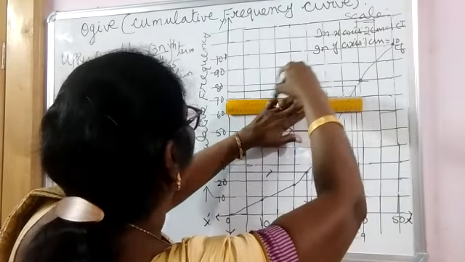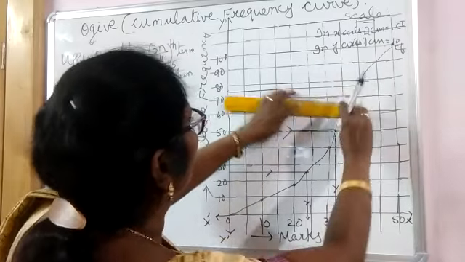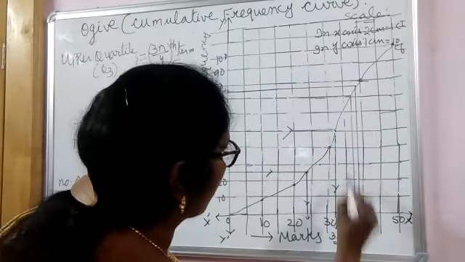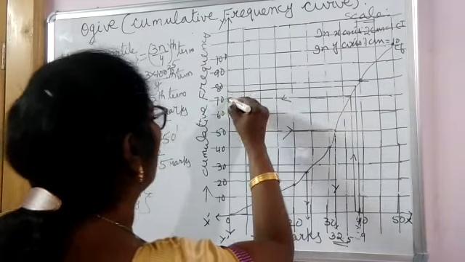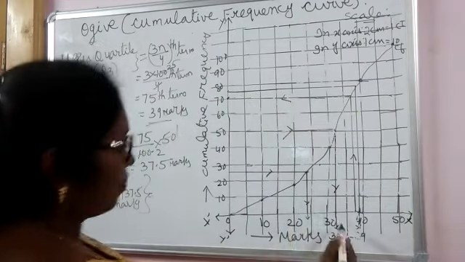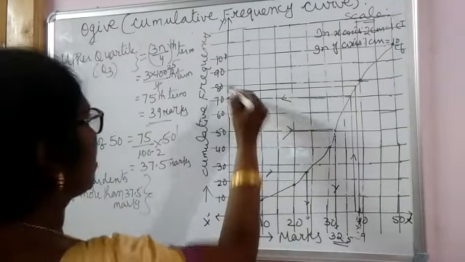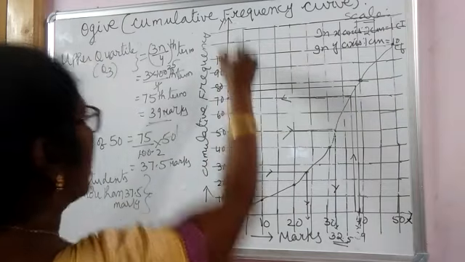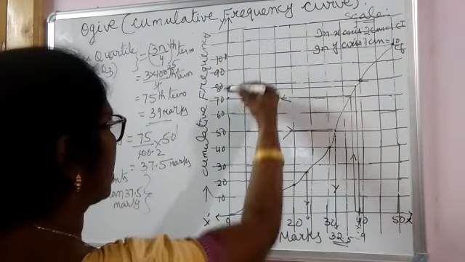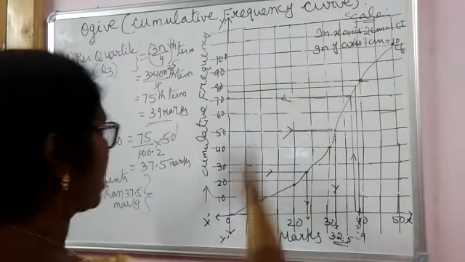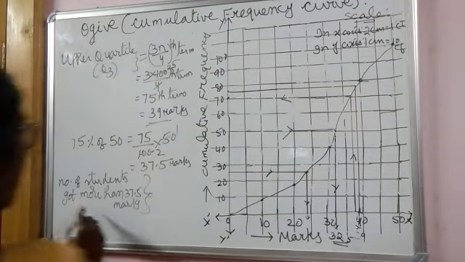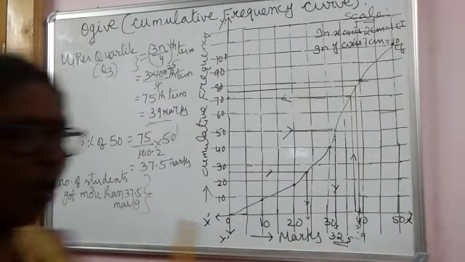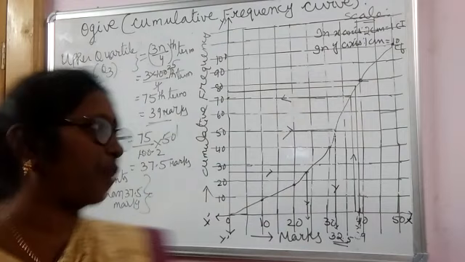The arrow shows like this, and this gives you 70. That means out of a total of 100 students, 70 students got less than 37.5 marks. Our question is how many students got more than 37.5 marks?